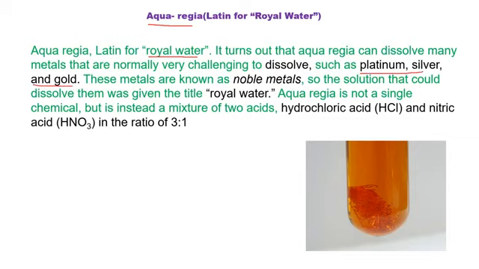This aqua regia is a mixture of freshly prepared hydrochloric acid and nitric acid in the ratio of 3:1. So hydrochloric acid 3 and nitric acid 1. This is called aqua regia, that is royal water. As you can see here, it is reddish orange in color.